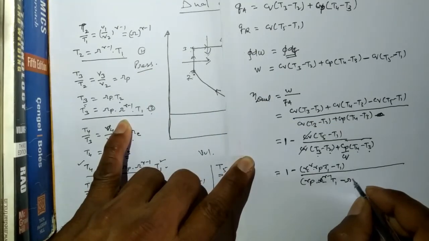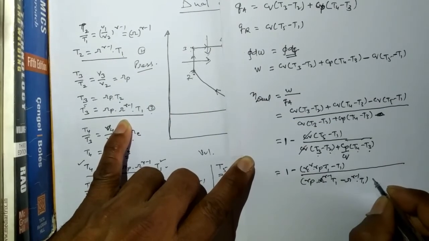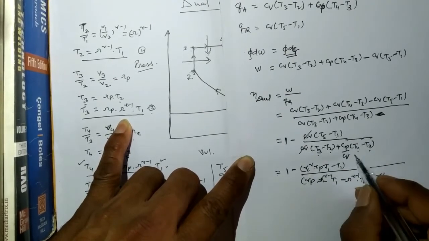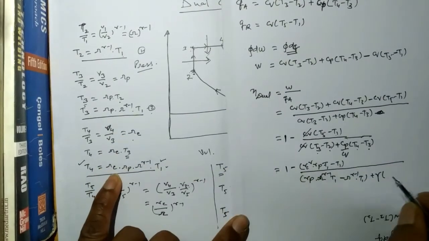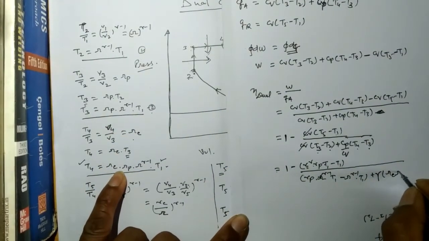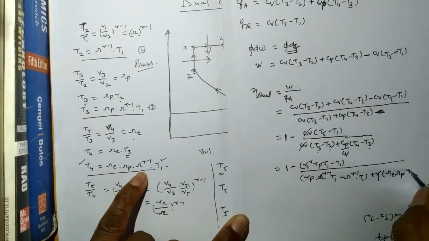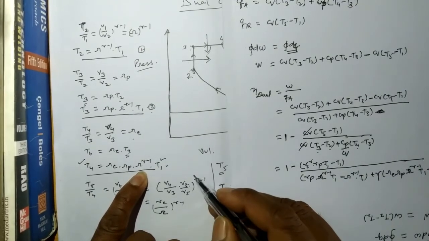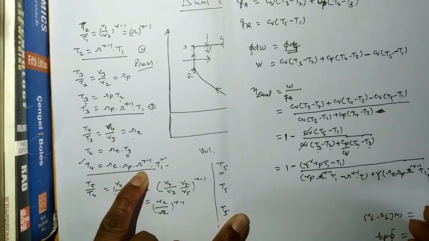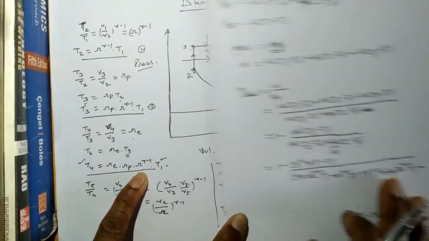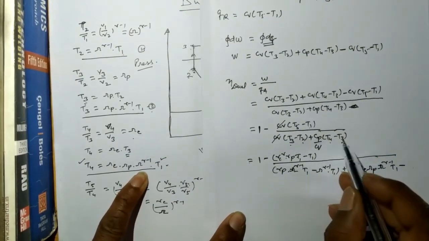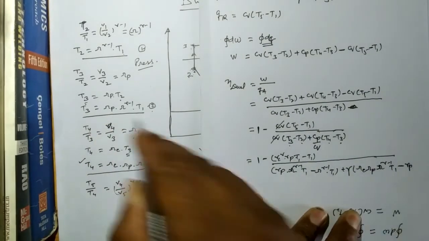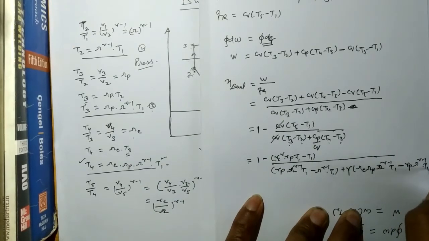T2 is r power gamma minus 1 into T1. Cp by Cv will equal gamma. T4 minus T3, the value of T4 is Rc Rp r power gamma minus 1 T1, minus T3. T3 is Rp r power gamma minus 1 into T1.